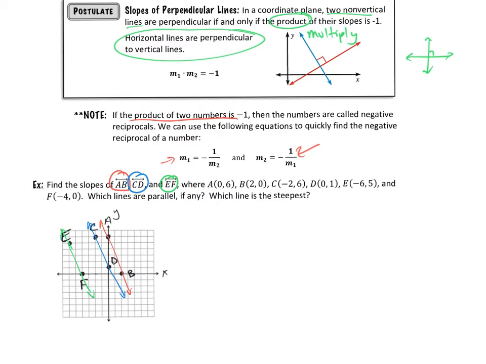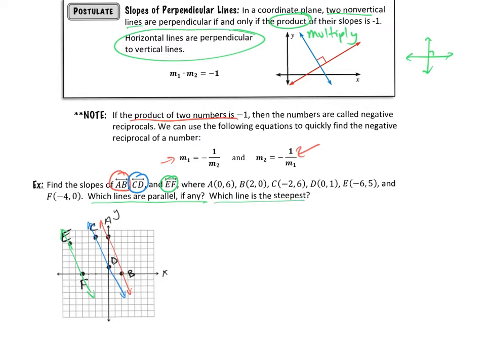Just based on the picture, it's kind of hard to tell which one is the steepest, or if any of them are parallel, especially when I'm doing this with a stylus on an iPad. But we have a way to actually answer these two questions. We want to know which lines are parallel, if any, and which line is the steepest.